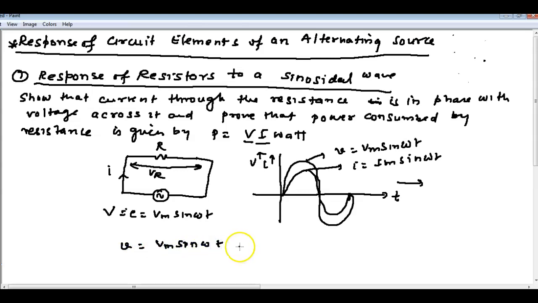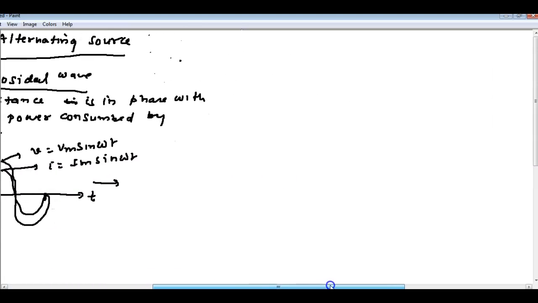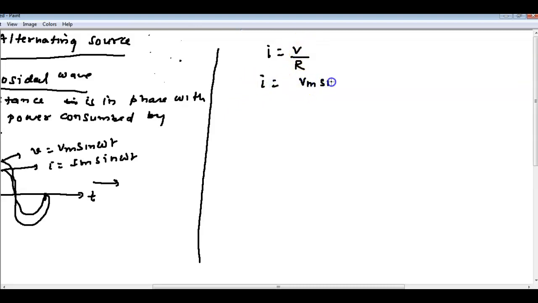The current flowing through the circuit is I. We know that I is equal to V by R, so I is equal to Vm sine of omega t divided by R. Also I can write I is equal to Vm by R into sine omega t.